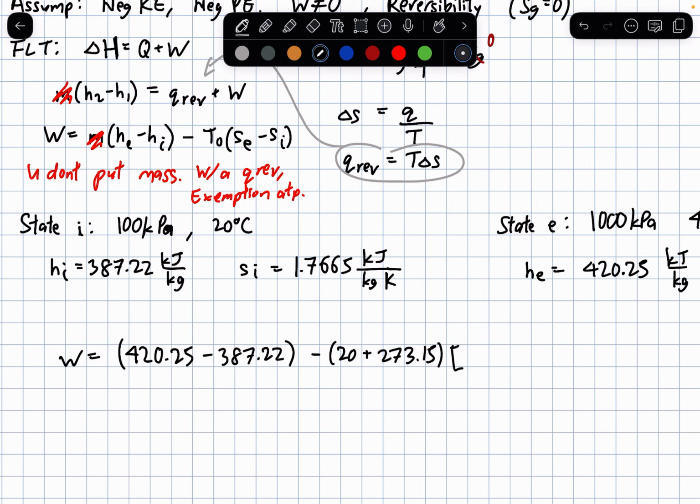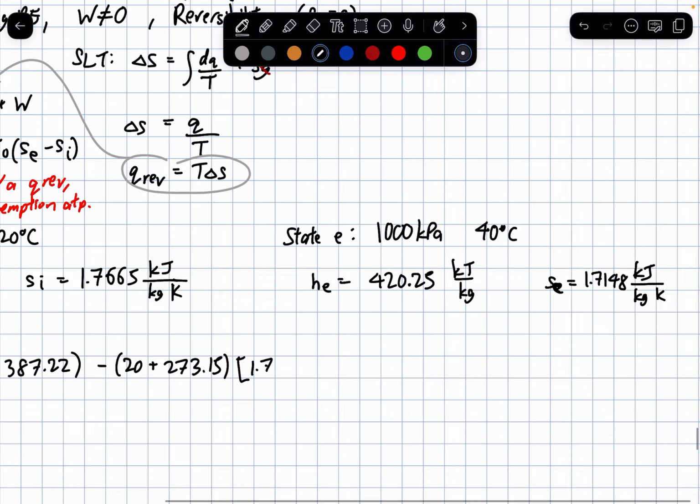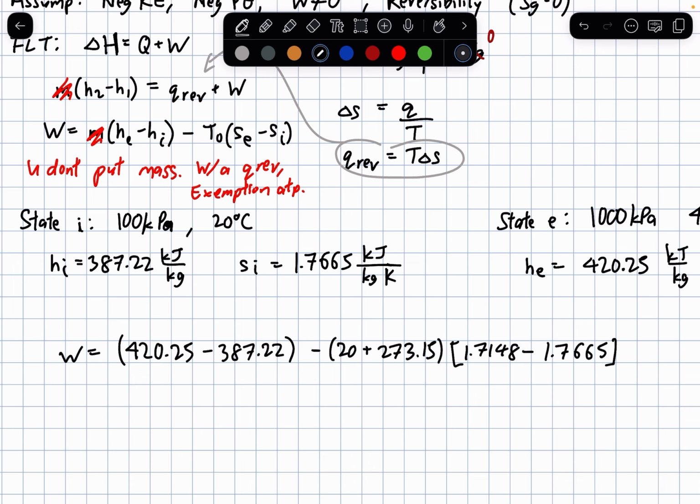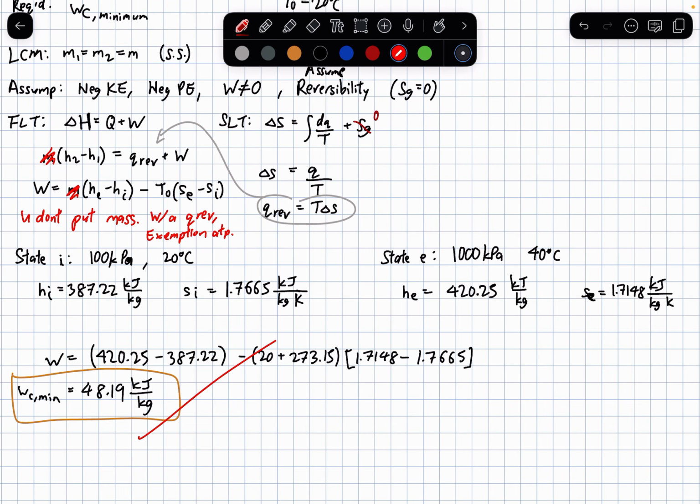Proper handwriting, no? Okay. 48.19 kilojoules per kilogram. That's the answer.